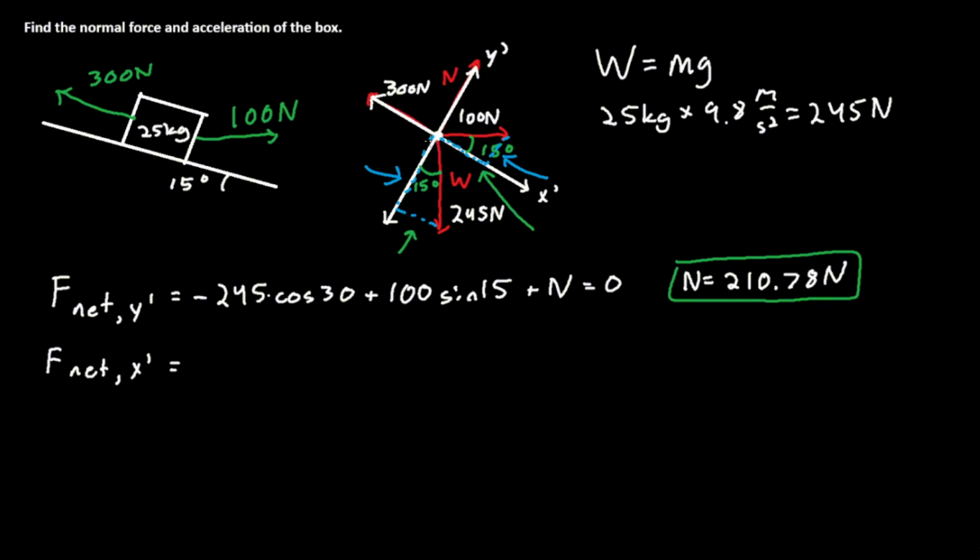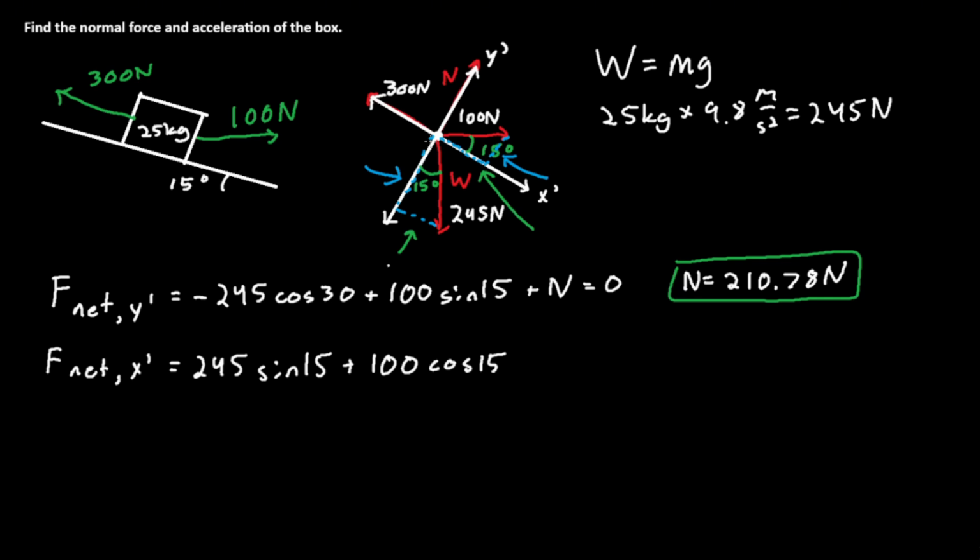Let's solve for all those 3. 245 times the sine of 15 gets the x component of the weight force. The 100 newtons times the cosine of 15 gets the adjacent part. Technically these are all positive because they are going in the positive x prime direction.